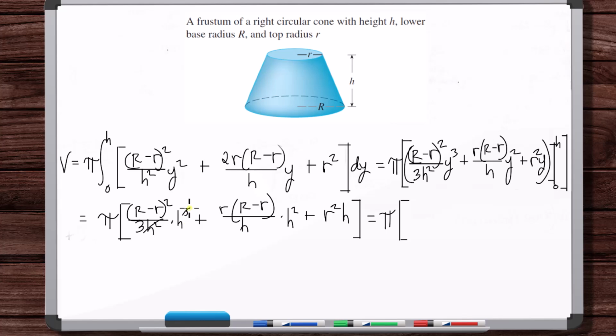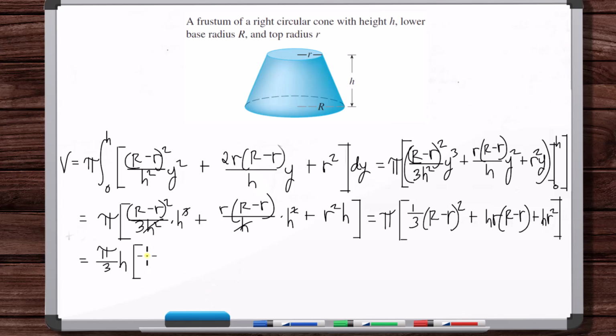So this cancels here, this cancels here. We've got this. Okay, so let's factor out a 1/3 and an h.